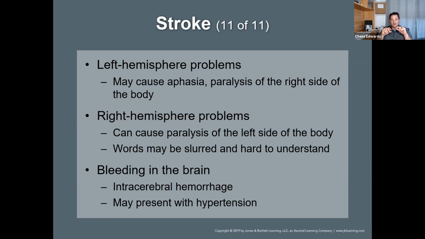Strokes that affect the left side of the brain can cause paralysis of the right side of the body. Also, right hemisphere problems: strokes that affect the right side of the brain can cause paralysis of the left side of the body. Usually, patients will understand language and be able to speak, but their words may be slurred and hard to understand, which we call dysarthria.